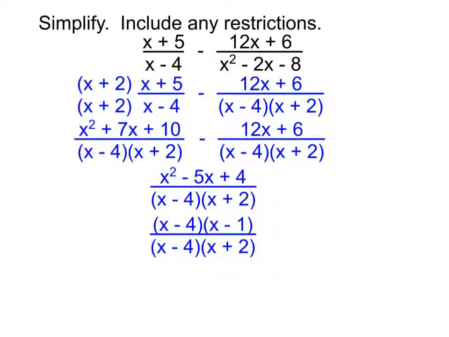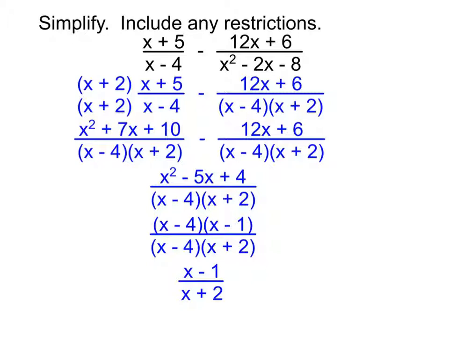So I tend to leave my denominators in factored form, and at least with adding and subtracting, you have to expand the numerators so you can combine them. And then later you have to factor it again. All right, now I'm going to go ahead and cancel out the x minus 4, which gives me x minus 1 over x plus 2. There we've completed the simplifying process.